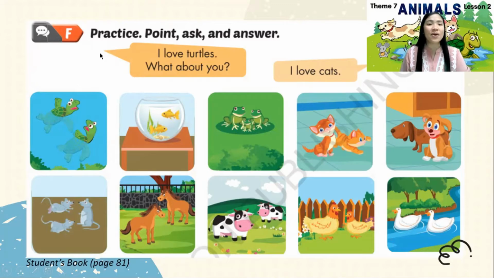Okay, follow after me. 1. I love turtles. What about you? 2. I love fish. What about you? 3. I love frogs. What about you? 4. I love cats. 5. I love dogs. 6.